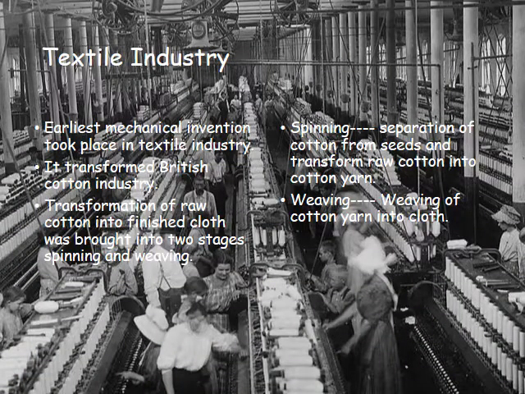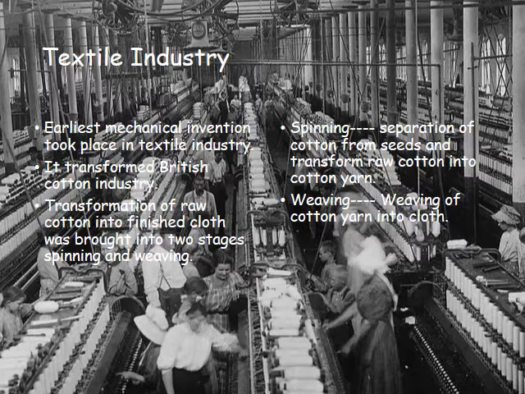Textile industry. The earliest mechanical inventions had taken place in the textile industry due to a high demand for textiles from the ever-increasing population and an ever-expanding British Empire. The numerous inventions in this field had transformed the British cotton industry, and England now became famous as the workshop of the world.